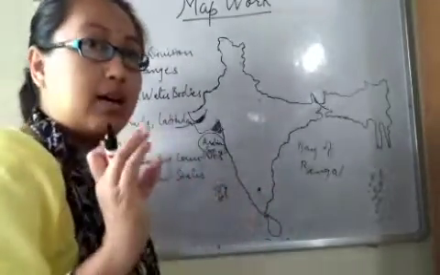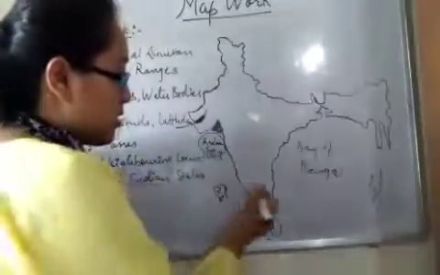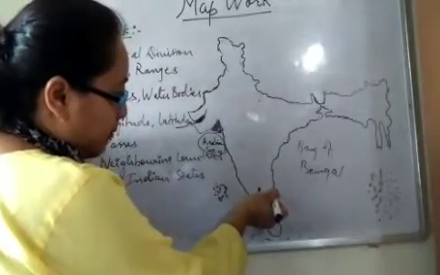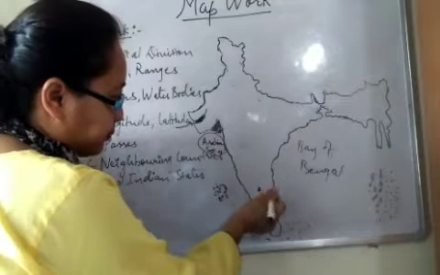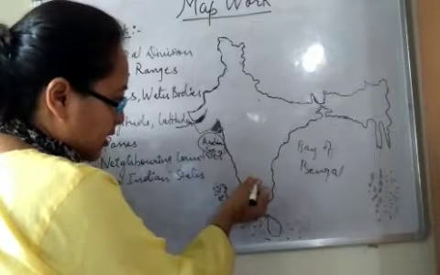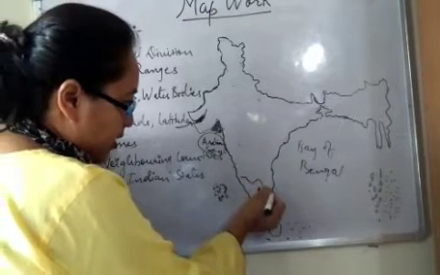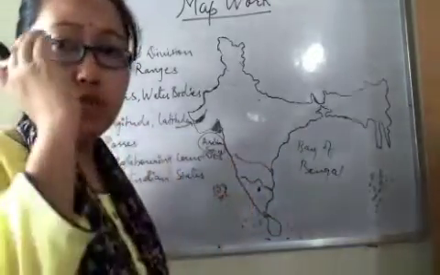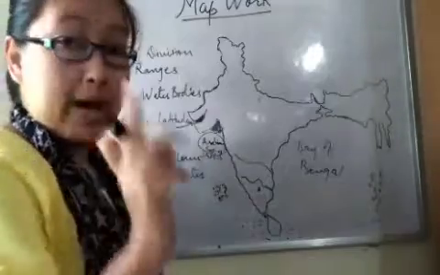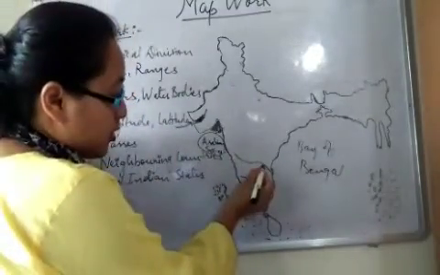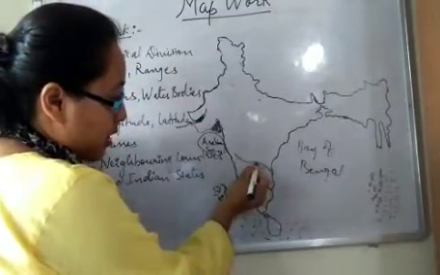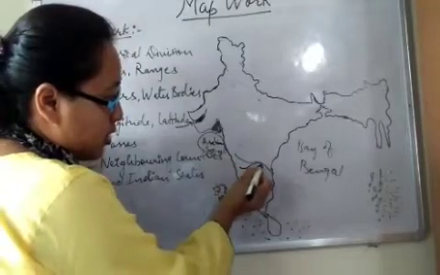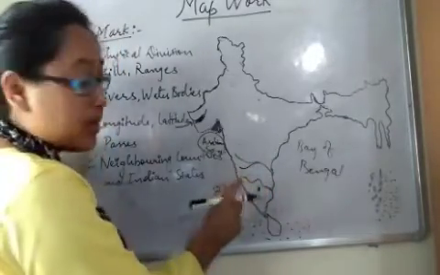Let's talk about the important rivers of India. Here we have Kaveri, Krishna. In most of the maps, this Tungabhadra is not made, so you just mark it there. Below that, Krishna.